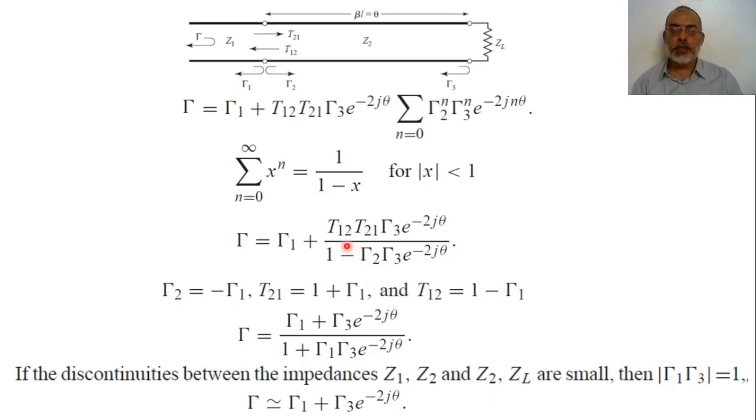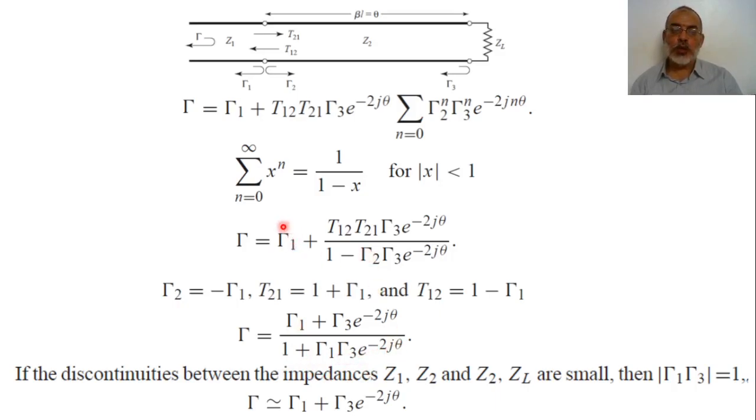So we can replace T21 by 1 plus gamma 1, T12 by 1 minus gamma 1, and gamma 2 by minus gamma 1, so the denominator would be 1 plus gamma 1 gamma 3 e to the power minus j2 theta.